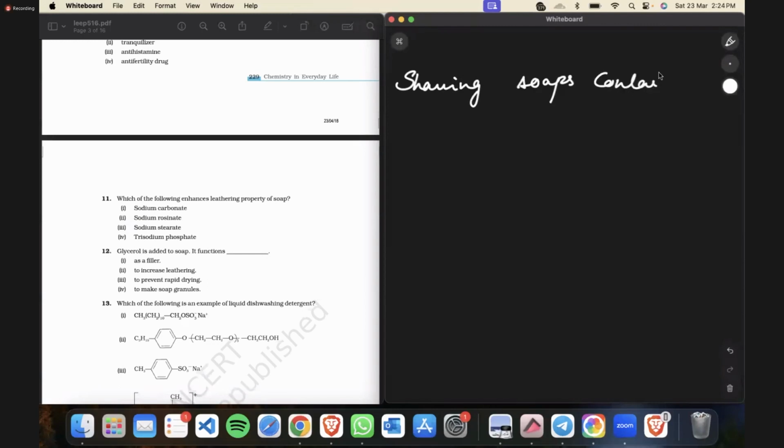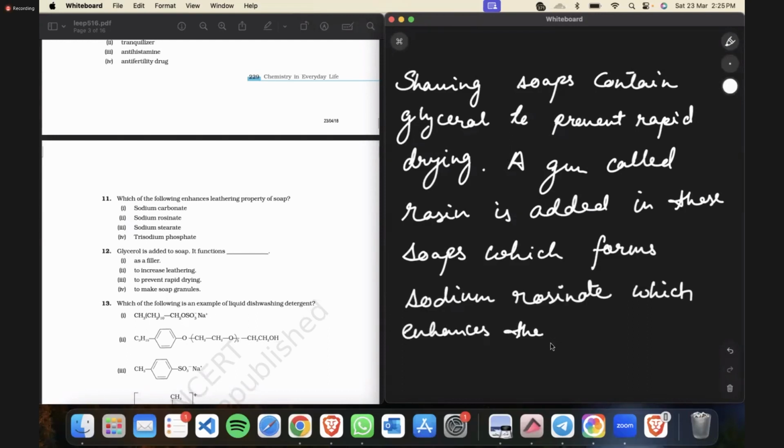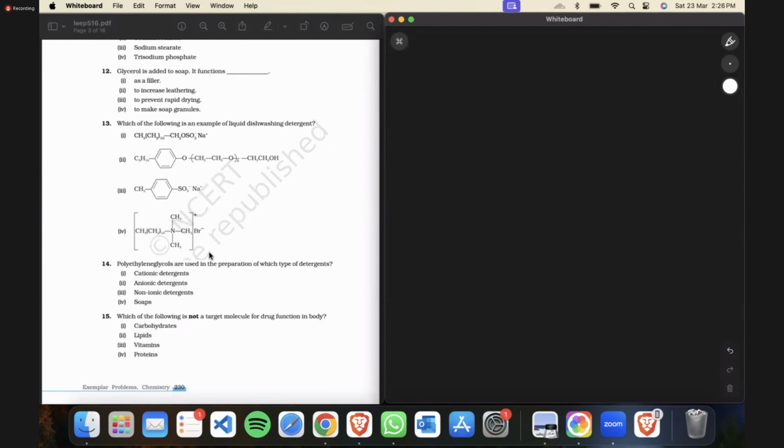Contain glycerol. Glycerol is added to soap.